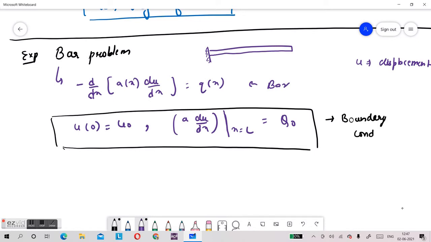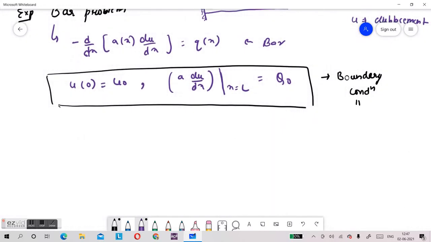In other terms, we call them essential boundary conditions.